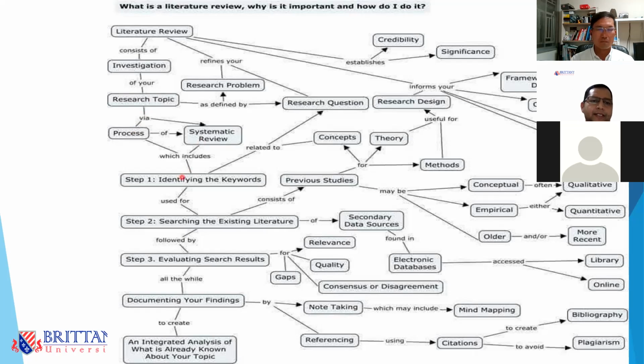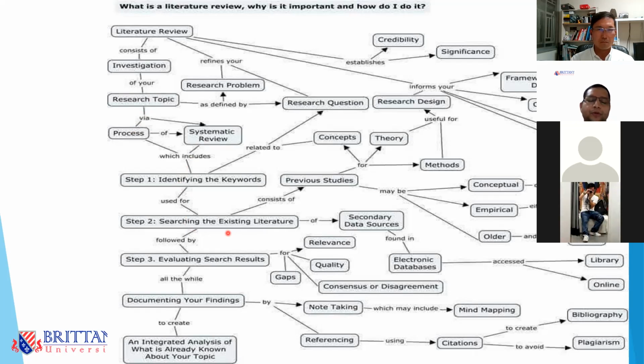So in step one, you identify the keywords related to your topic. Then search for the existing literature. In our orientation, I believe I showed you how to do some searching. I will do it again today. Then after searching the existing literature, you evaluate the results.